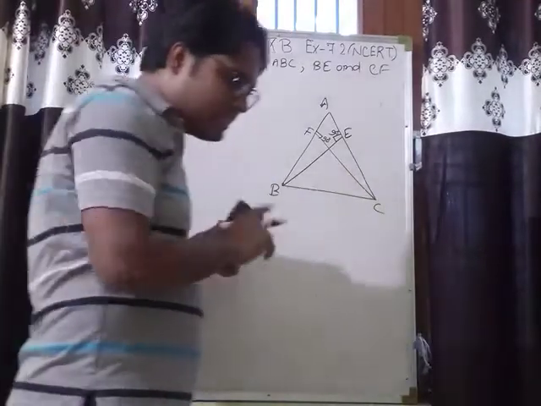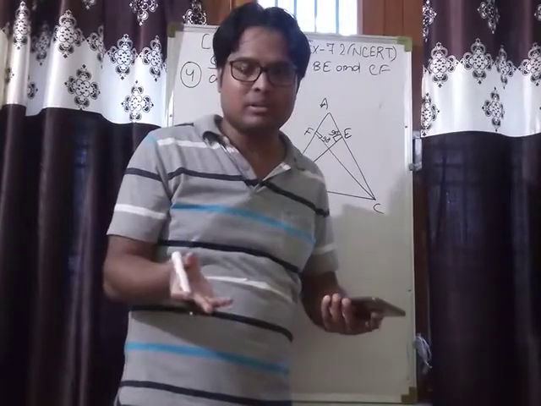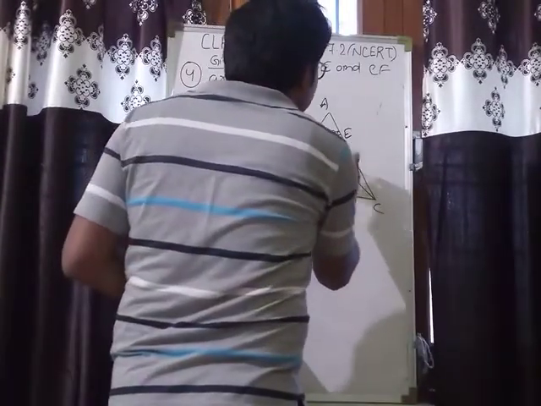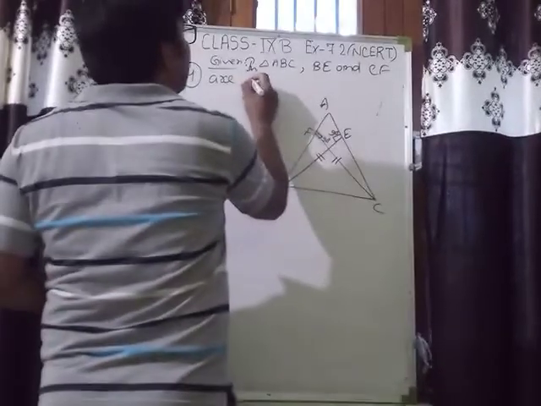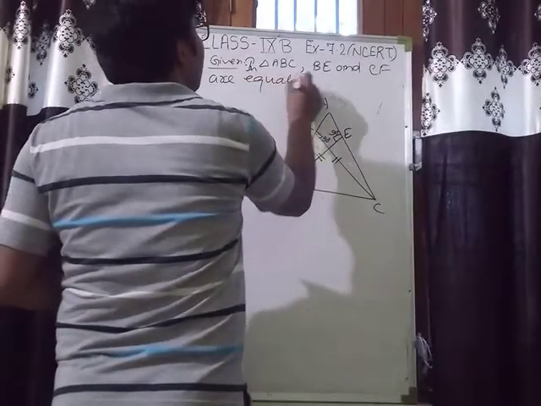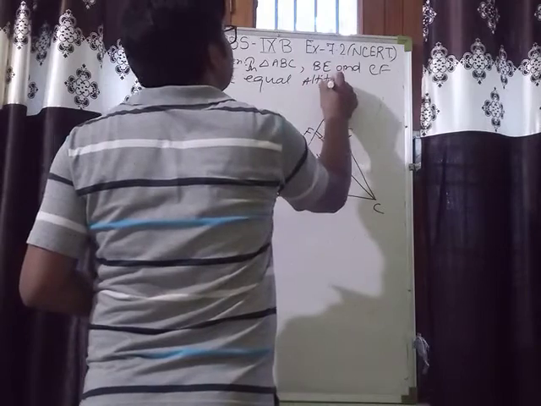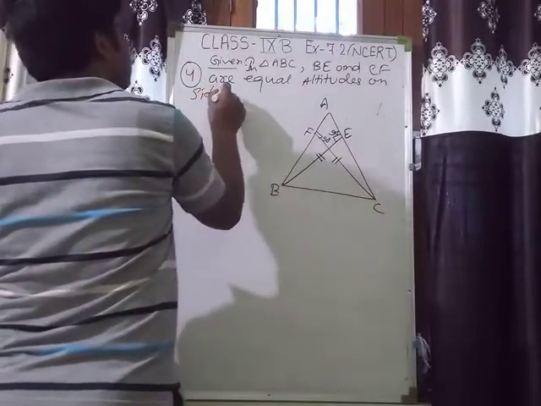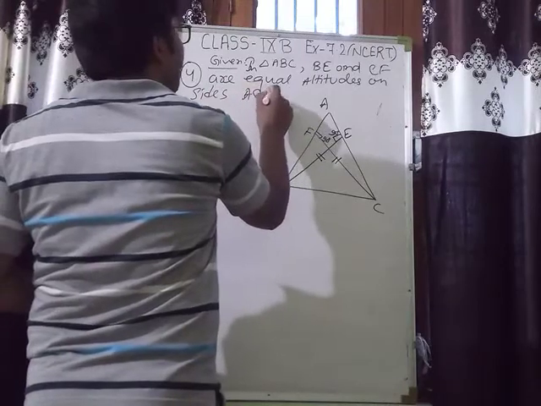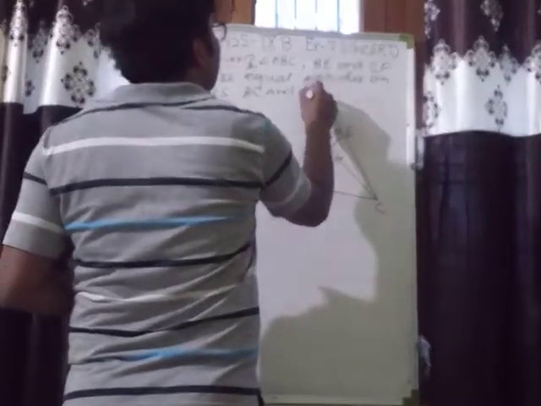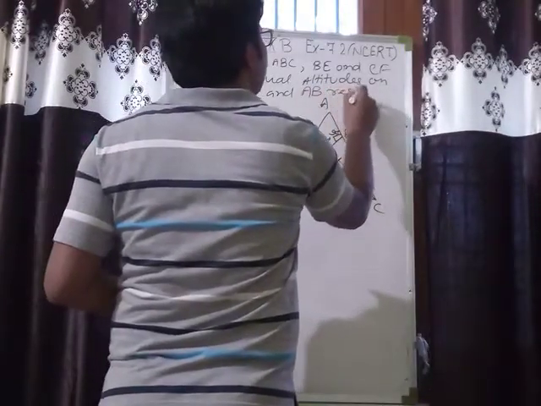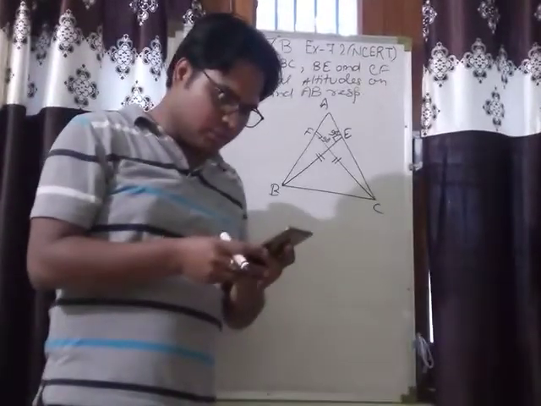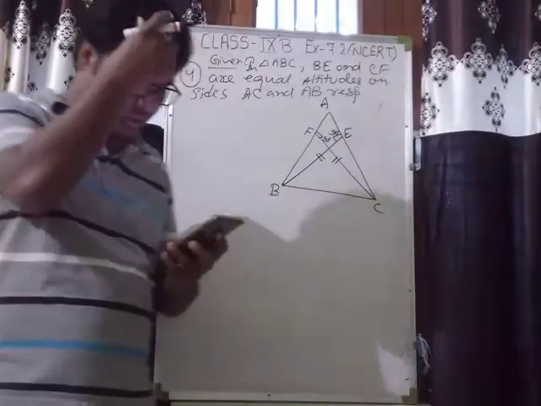Means in this question it is given that the altitudes are equal, BE and CF are equal, on sides AC and AB respectively. So we have to prove that the sides are equal, means we have to show the triangle is isosceles.